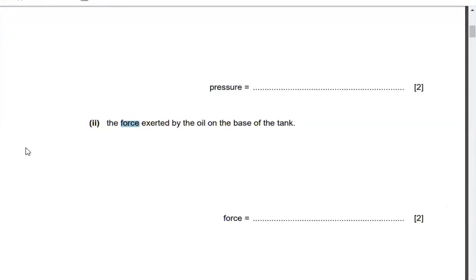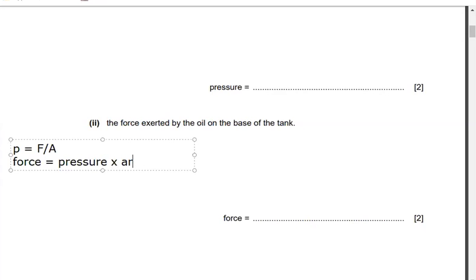Pressure is equal to force upon area. So force equals pressure into area.